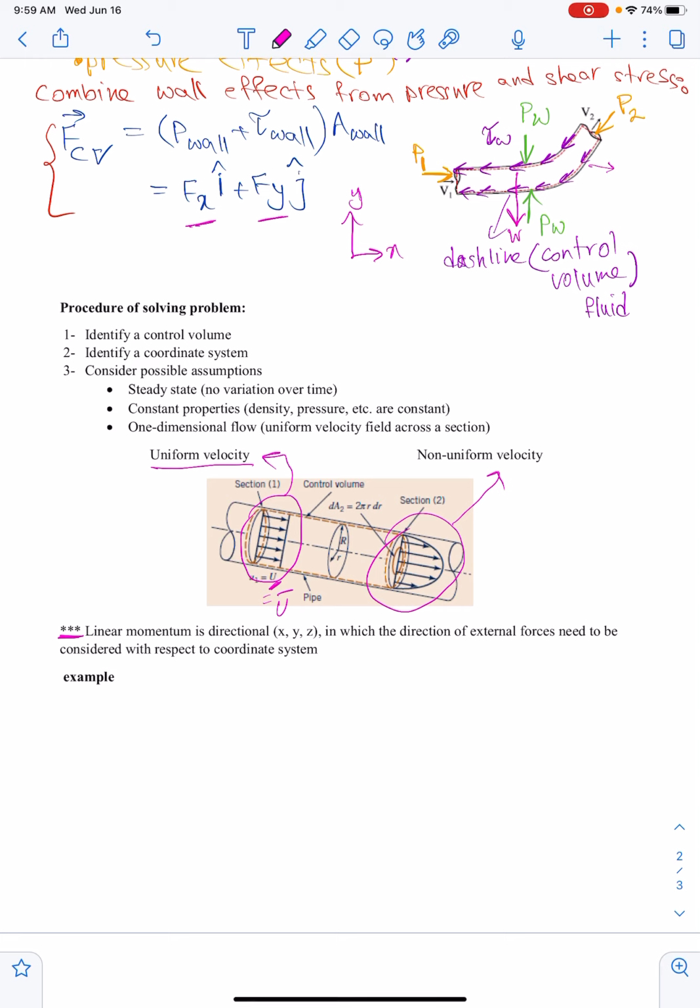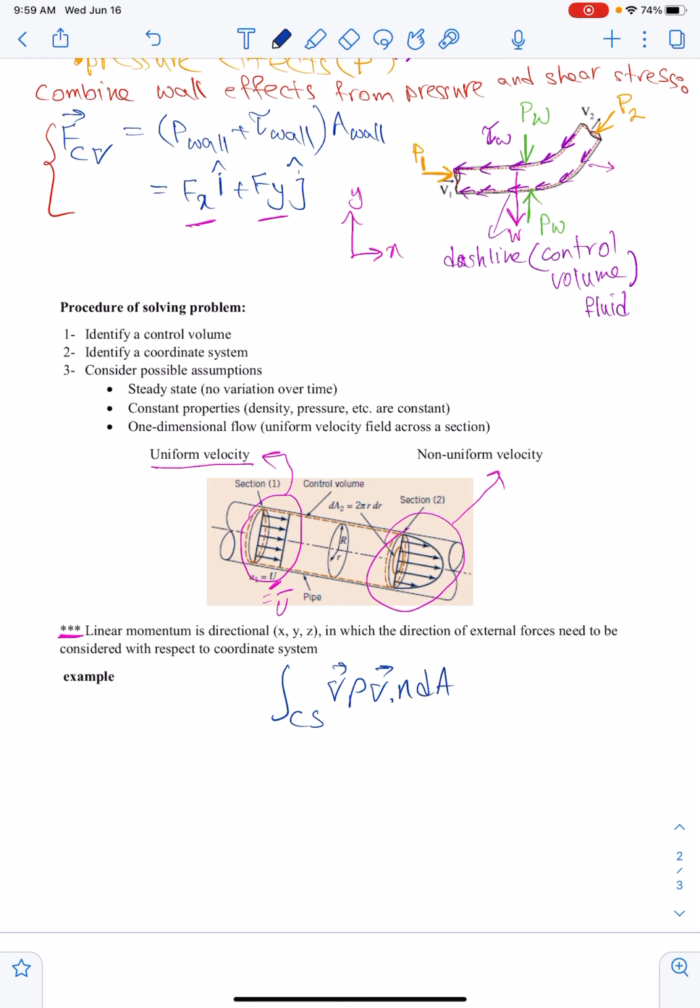We say that the linear momentum is directional. What it means is that, for example, we have this formula that we got from the Reynolds transport theorem, right? This is the integral over CS of V rho V dot n dA.